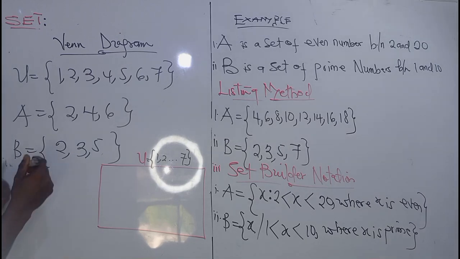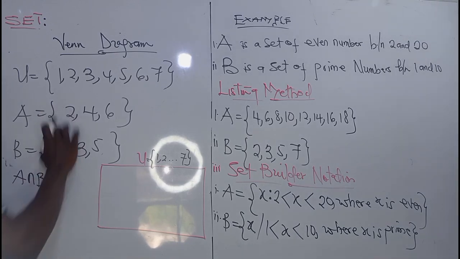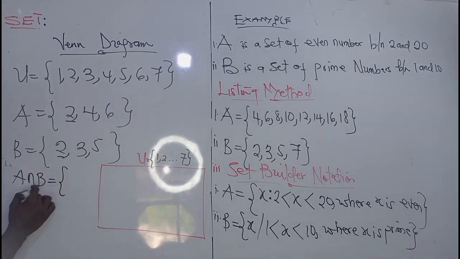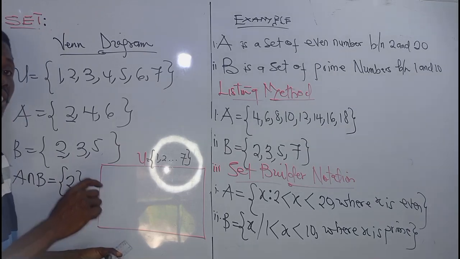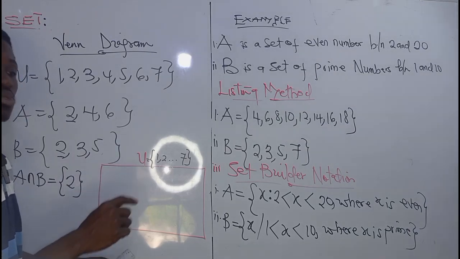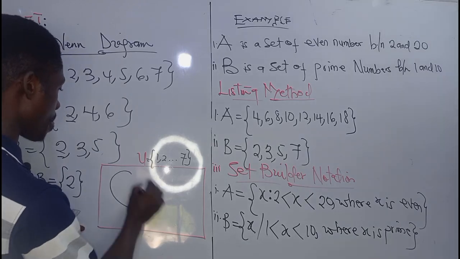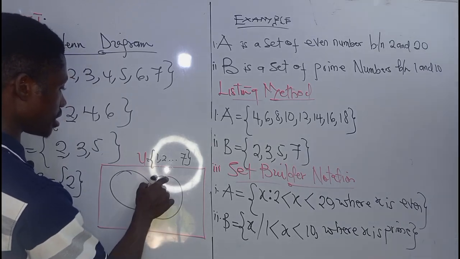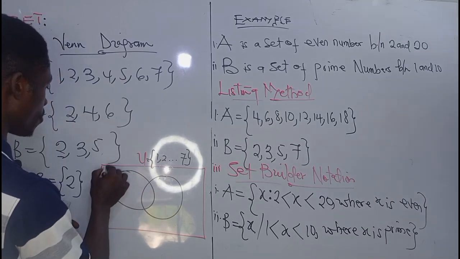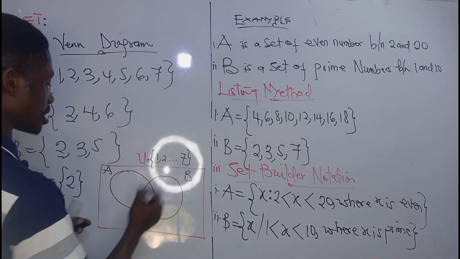But before we draw our circles, we have to check if there is an intersecting number, a number that belongs to both subsets. We have 2 and 2, so under the intersection we have 2. This means that the circles are going to intersect. So we are going to have 2 intersecting circles, one for set A and one for set B.